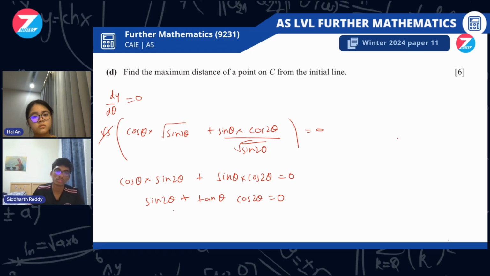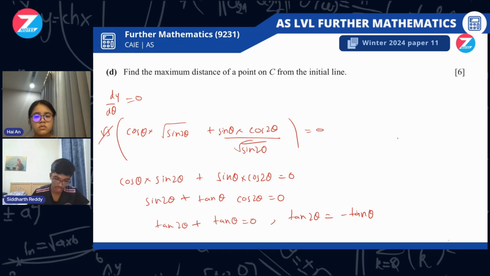And dividing by cos 2 theta, we get sine 2 theta by cos 2 theta, which is tan 2 theta, plus tan theta is equal to 0. So we get tan 2 theta is equal to minus tan theta.